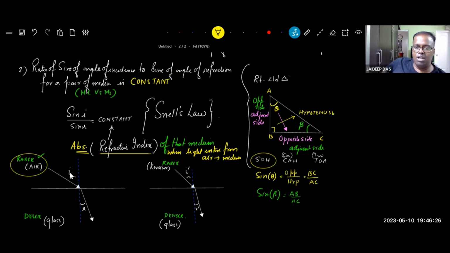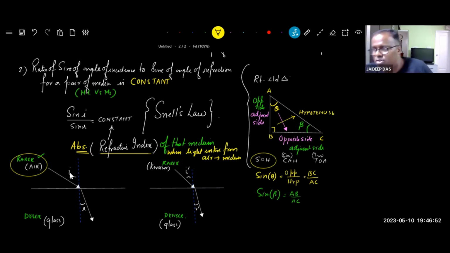How was this data obtained? By comparing Close-Up and air. And if someone gives data for the other side, they will say the relative refractive index of Close-Up with respect to alcohol is so and so, because Close-Up will behave differently with respect to alcohol, differently with respect to glycerin, differently with respect to glass, and so on.